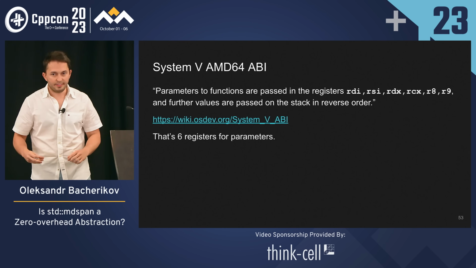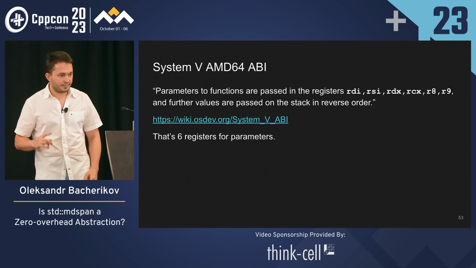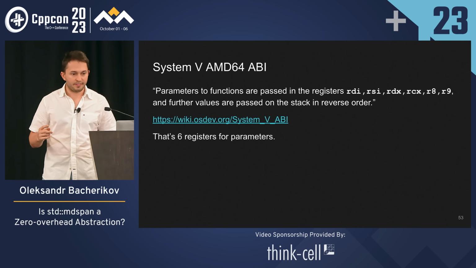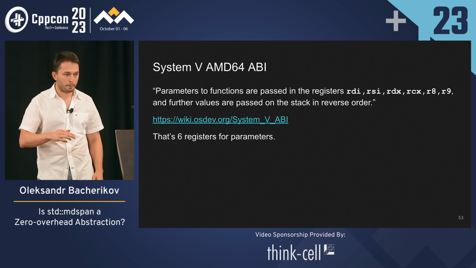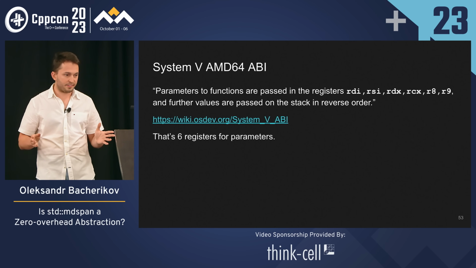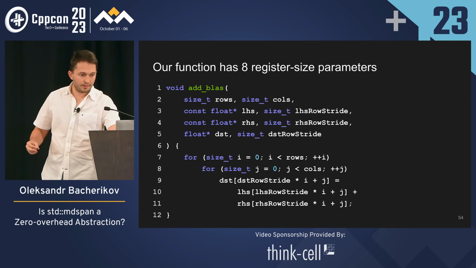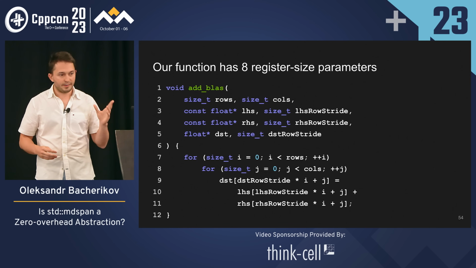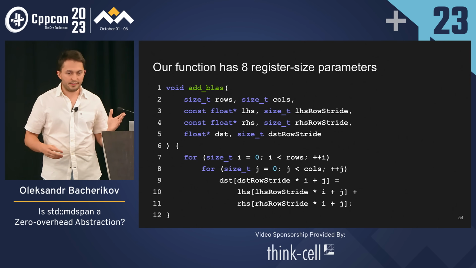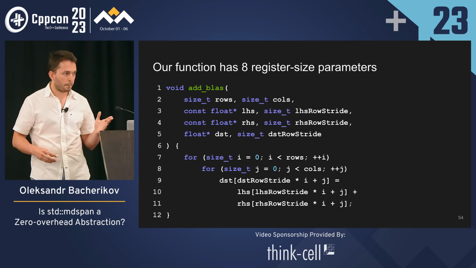Well, it turns out there's a System V ABI, which tells us that parameters to functions are passed in the registers listed, and further values are passed on the stack in reverse order. So this means there are just 6 registers for parameters. And if you look at our function that we started with, it actually has 8 register-size parameters, which are either float or size_t.